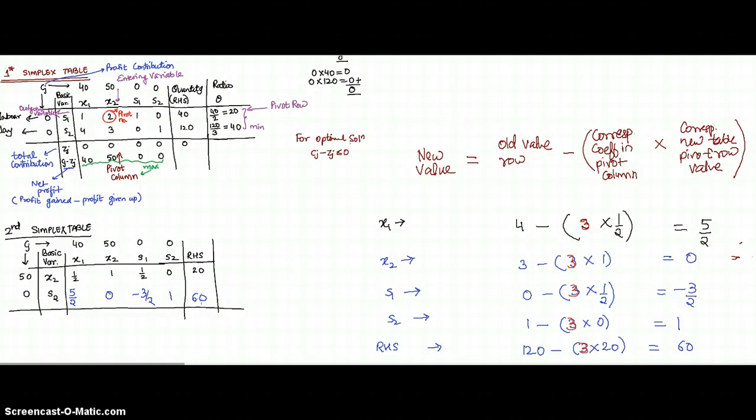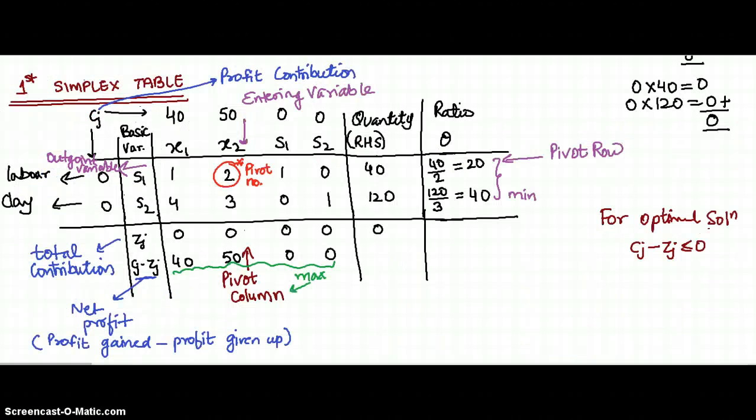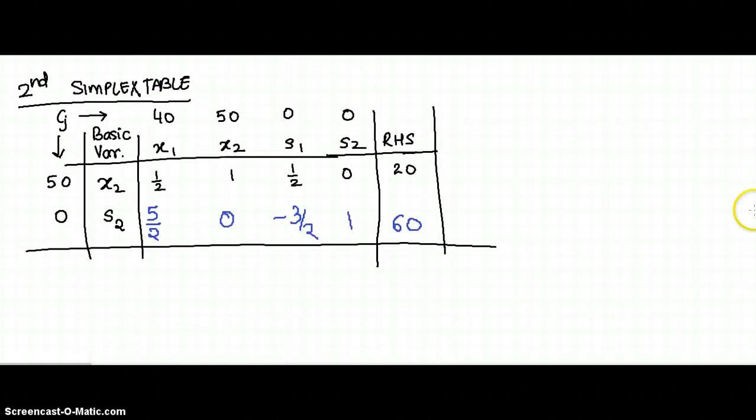Okay, now we complete the second simplex table by computing the values of Zj and Cj minus Zj. Okay, how are we calculating Zj? For calculating Zj over here, what do we have to do? We have to multiply 50 with half, which will give you 25, and 0 with 5 by 2.